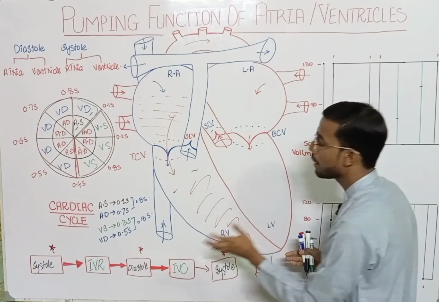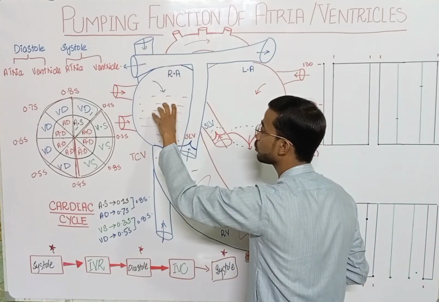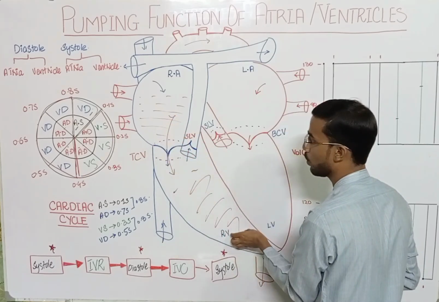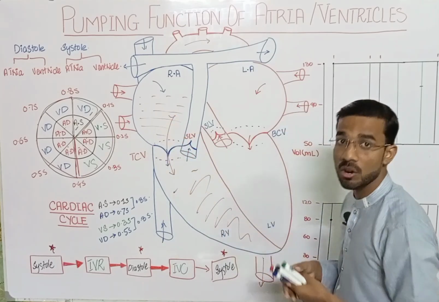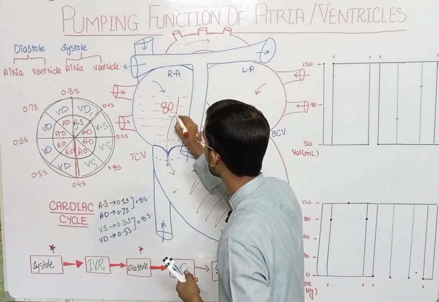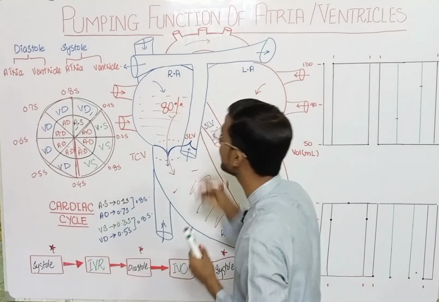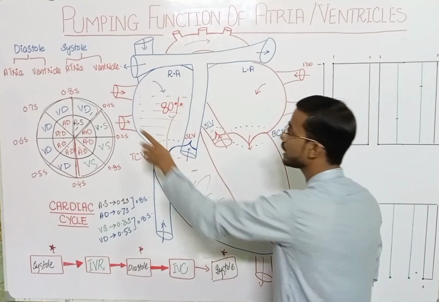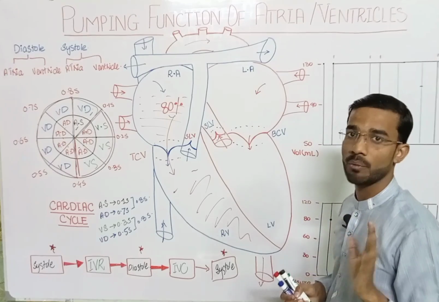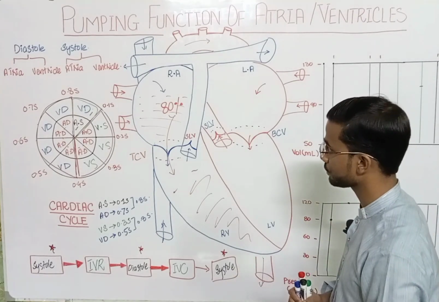That's why blood continuously enters the atria and then the ventricle. Approximately 80% of the blood continuously enters the atria and moves into the ventricle.